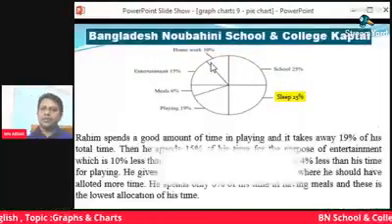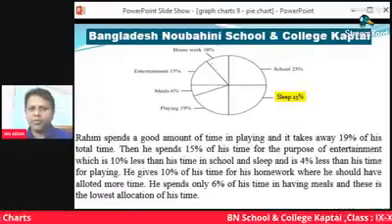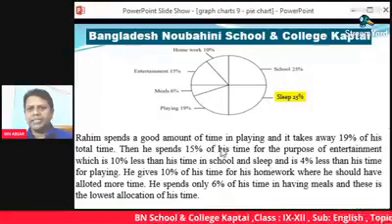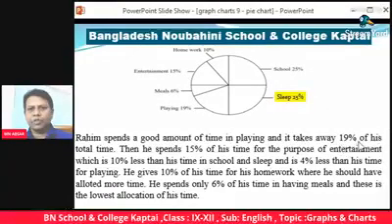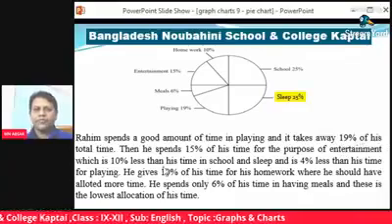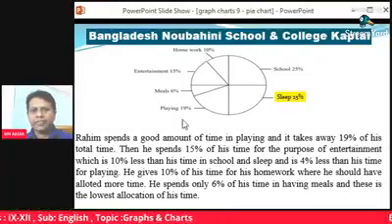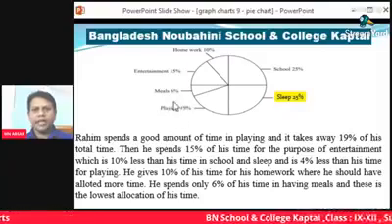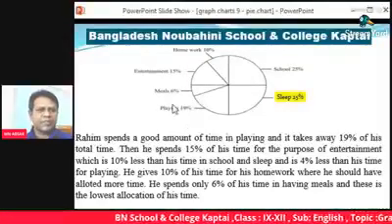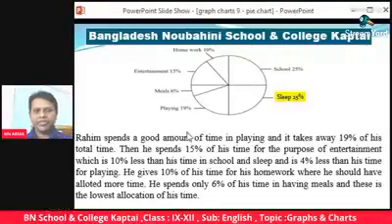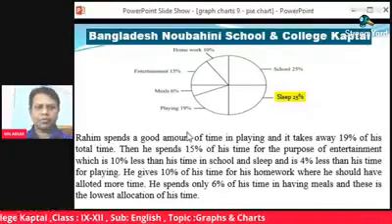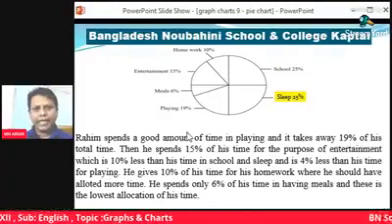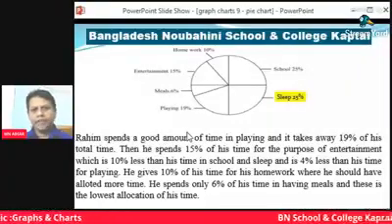Look, Rahim spends a good amount of time playing, and it takes away 19% of his total time. Look, for playing, how much time does he spend? You see in the chart, playing 19%. That means Rahim spends 19% of his total time playing.